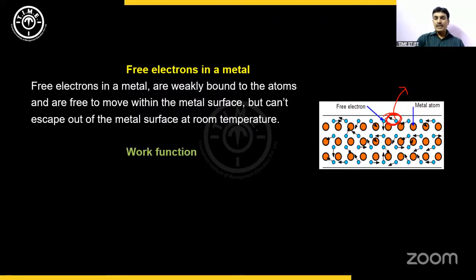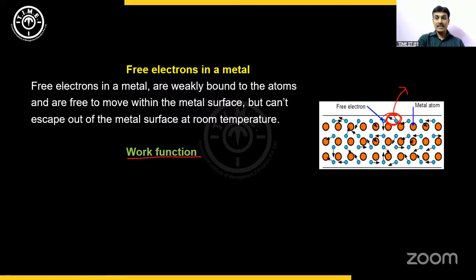Now, in order to bring an electron out of the metal, some minimum energy is required. Upon supplying minimum energy to these electrons, they can be released from the metal surface. When electrons are bound to the metal, upon supply of the minimum energy, we can get these electrons out of the metal surface. That minimum energy required is known as its work function.